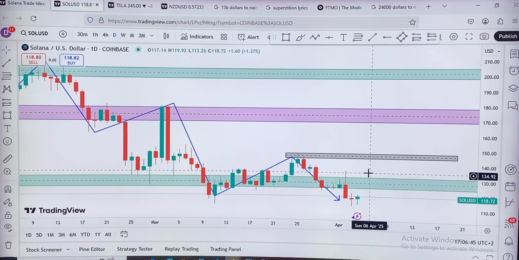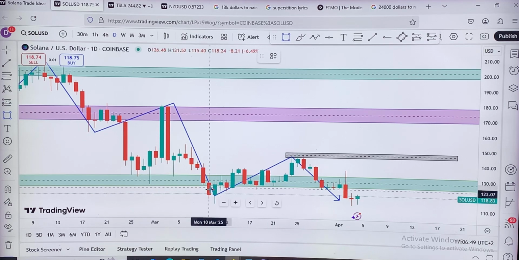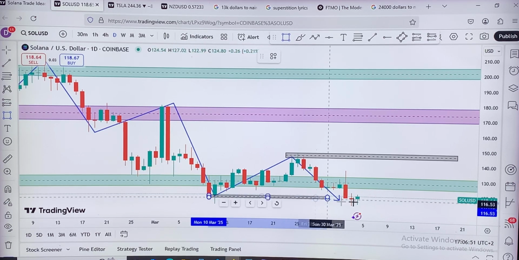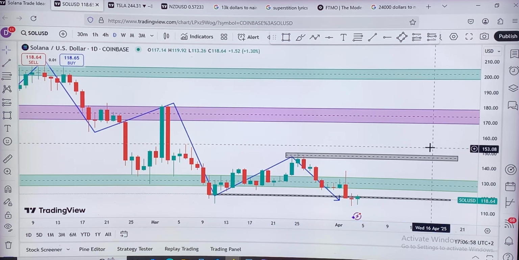All right, so there's a lower high and we take a previous low. All right, so here we go.